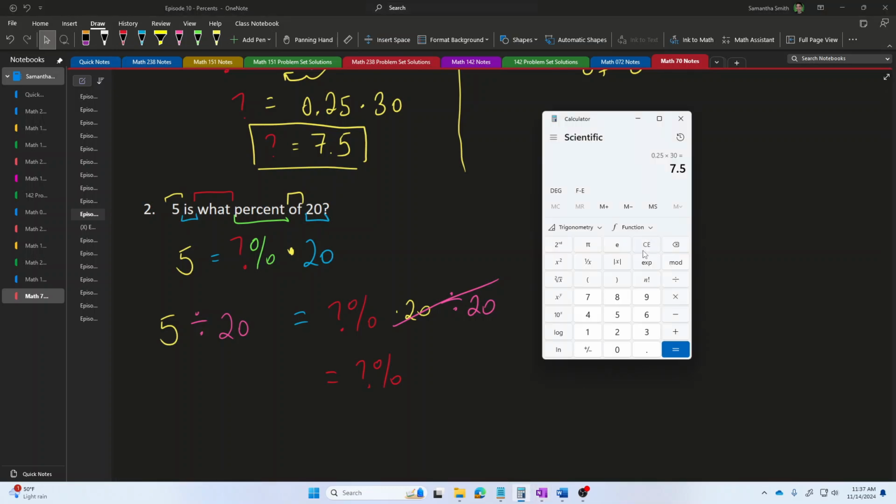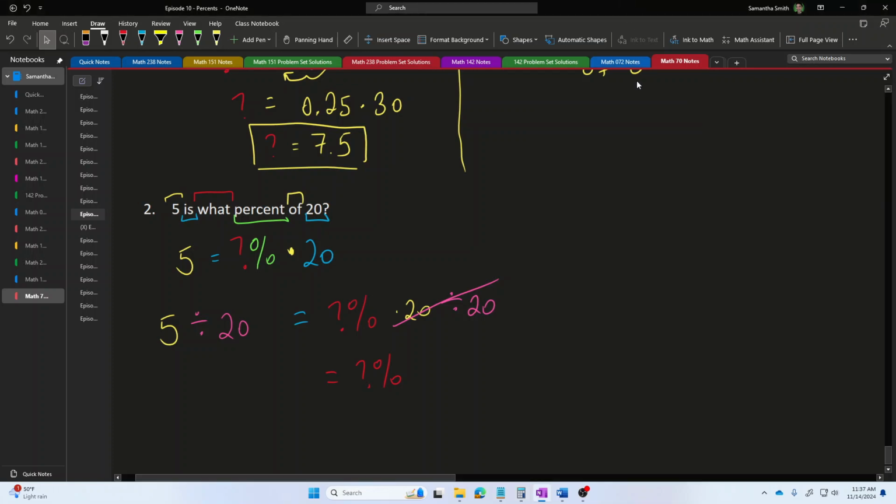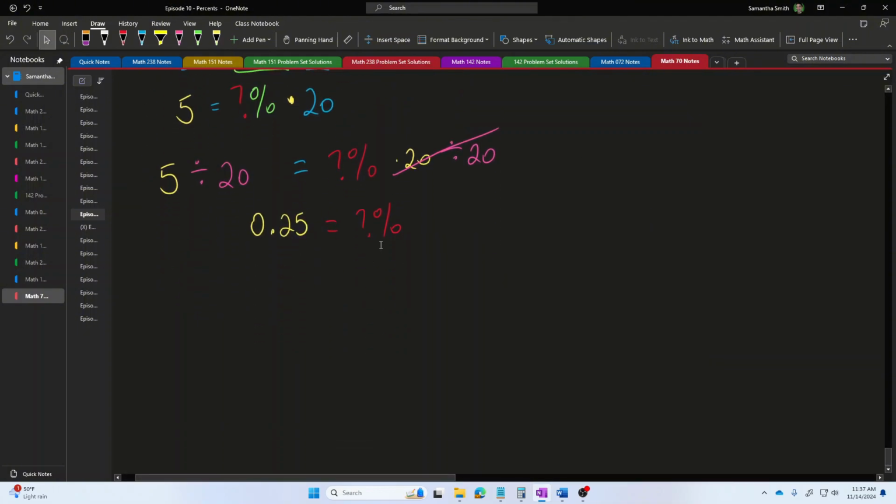And if I put that in a calculator, 5 divided by 20 is equal to 0.25. Now, the number that I'm looking for is in the format of a percent, and the number that I just calculated is in the format of a decimal. So in order to make the formats match up, I'm going to convert the number.